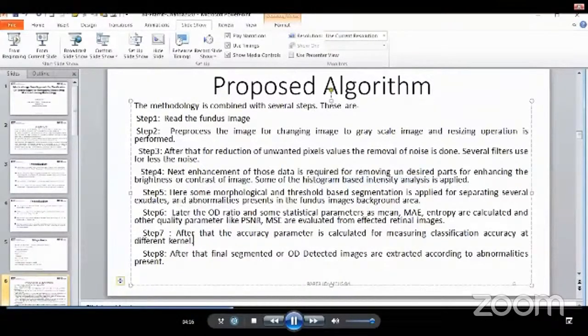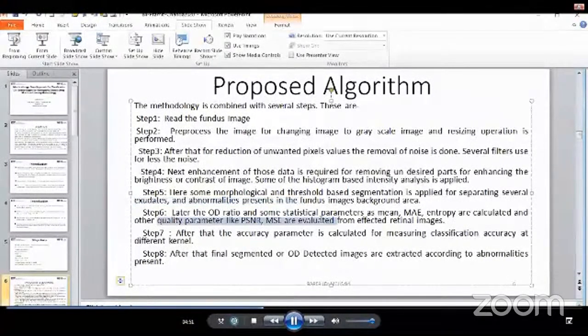Then segmentation approaches like morphological opening, closing, dilation, erosion, etc. are used, and some threshold-based segmentation is applied for separating the area of abnormalities, exudates and abnormalities present in the area from the background image. This is the foreground image: according to the threshold value that is set, values beyond the threshold are treated one way and values within the threshold another.